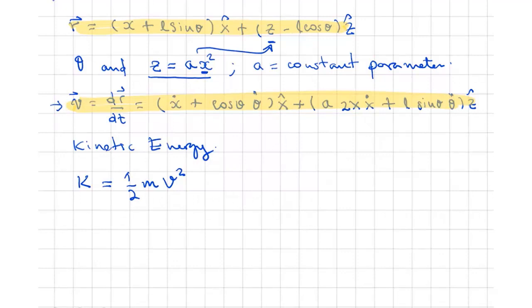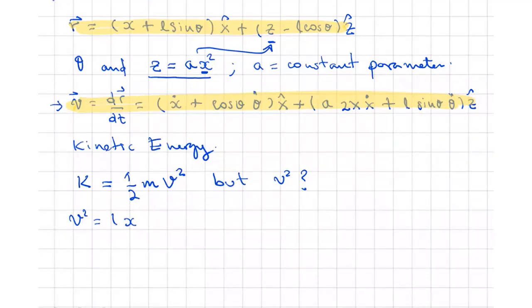All right. But what is v squared? V squared is applying the square of a vector with two components.